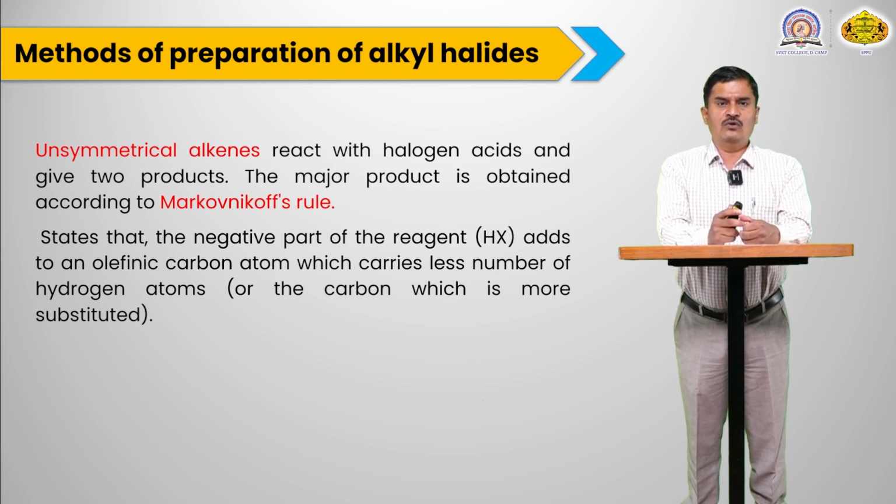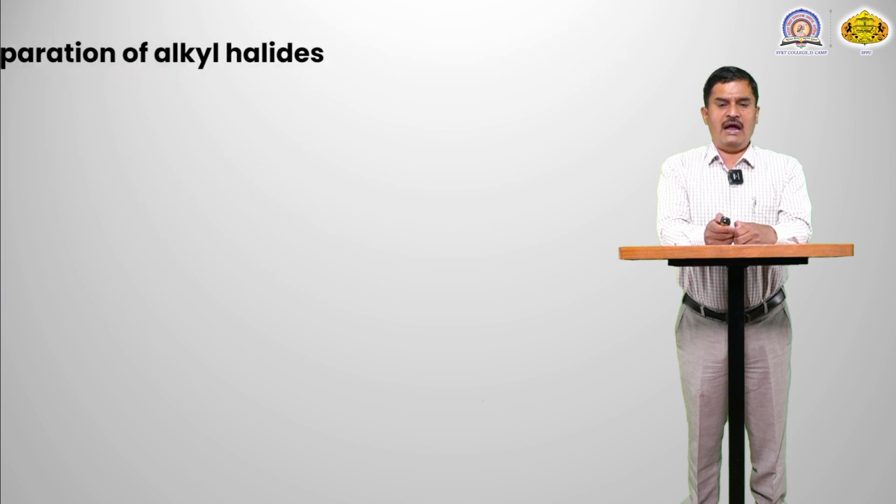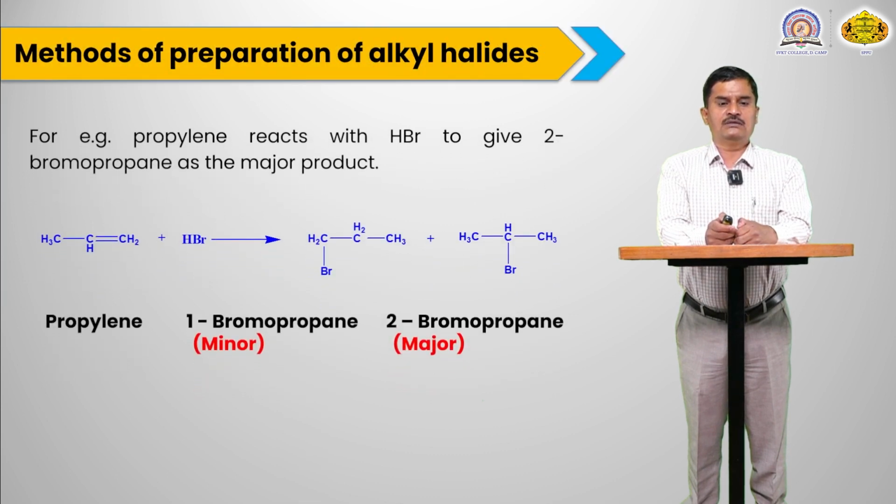What is meant by Markovnikov's rule? Markovnikov's rule says that the negative part of the reagent HX adds to that carbon of the olefin's carbon-carbon double bond that contains a lesser number of hydrogen atoms. Means the negative part must add on the carbon that contains fewer hydrogen atoms. For example, CH3 CH double bond CH2.